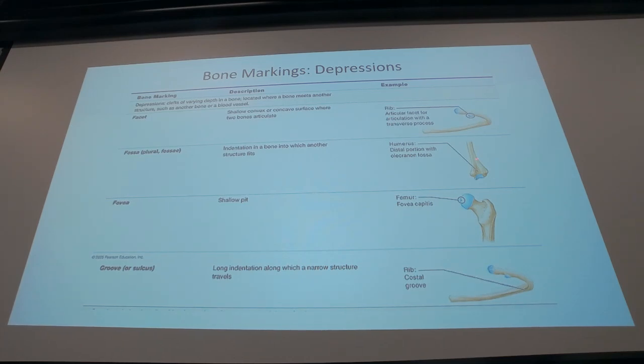And this is the posterior feature. In this posterior feature of the humerus, we have a depression that we call the olecranon fossa. In this olecranon fossa fits the bone that makes our elbow, which is the olecranon process of the ulna.